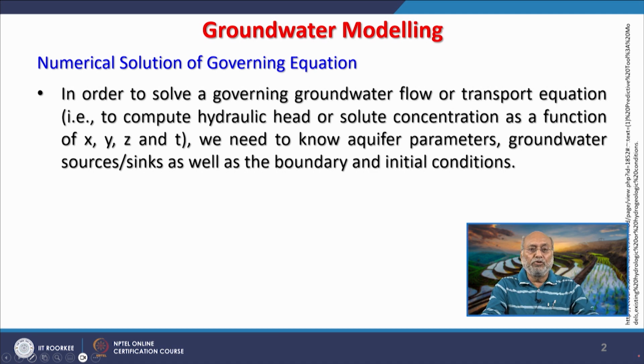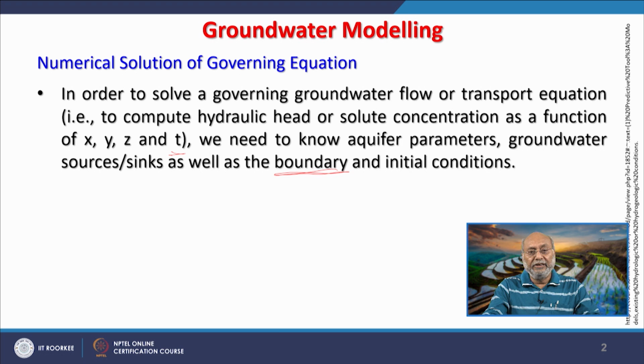In order to solve the groundwater flow or transport equations that govern, for example, computing hydraulic head or solute concentration as a function of x, y, z and t, with time also being important in our groundwater modeling, we need to know the important parameters like aquifer parameters, groundwater sources and sinks if there are any, and the boundary conditions are also very important here, which we will also discuss.